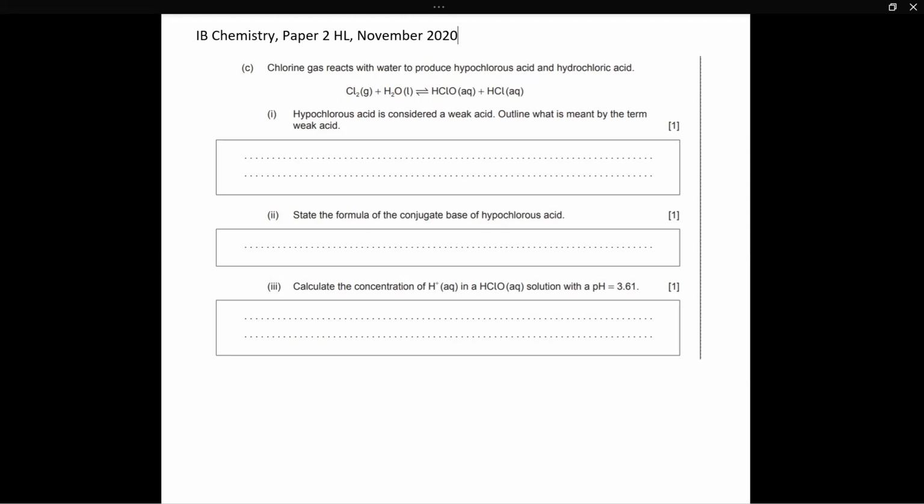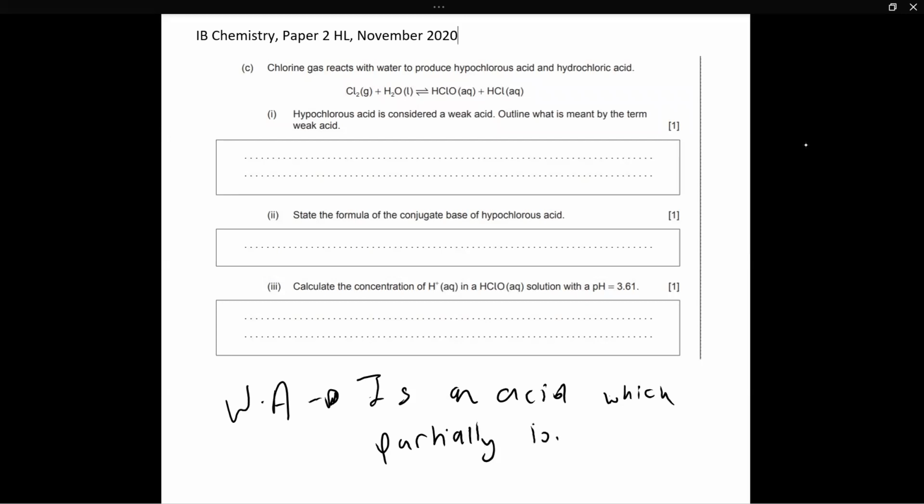What is a weak acid? A weak acid is an acid which partially ionizes or dissociates in an aqueous solution.